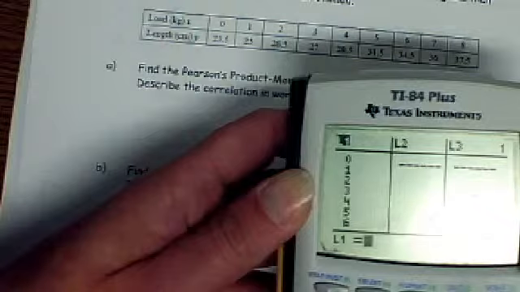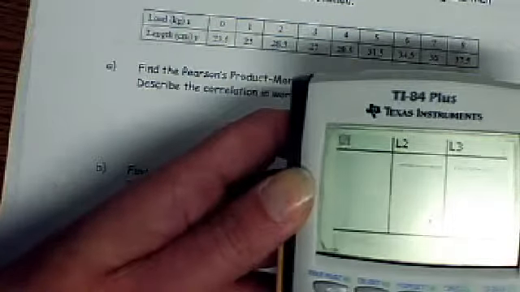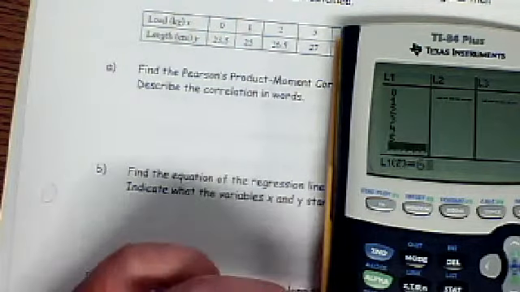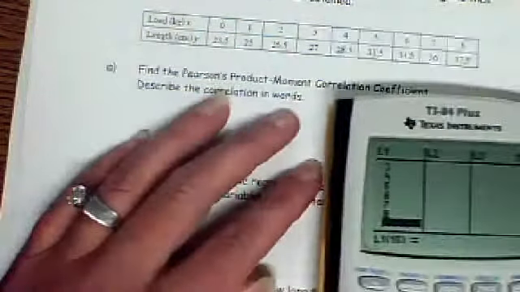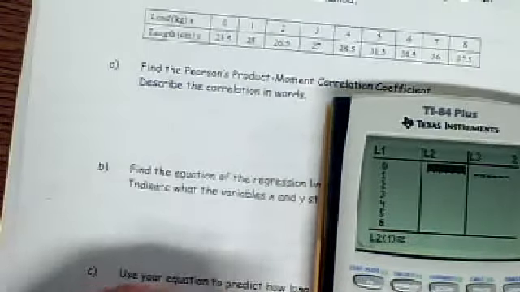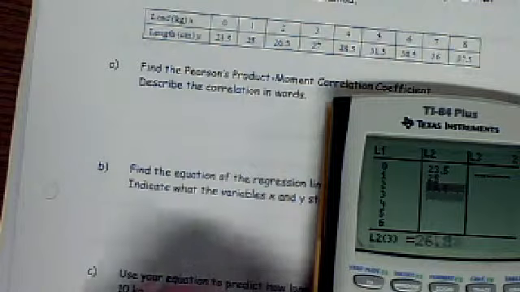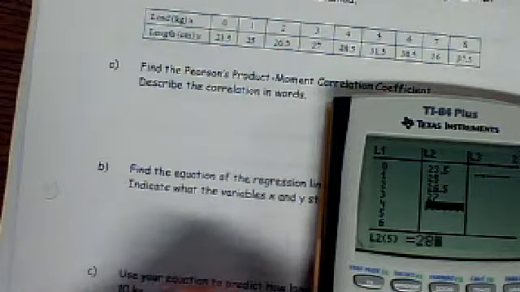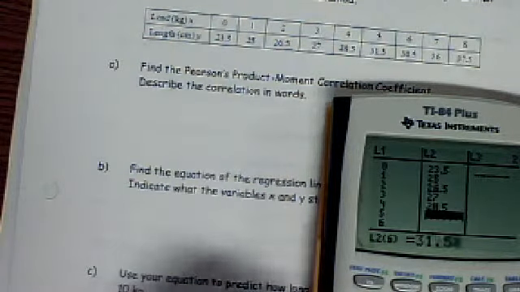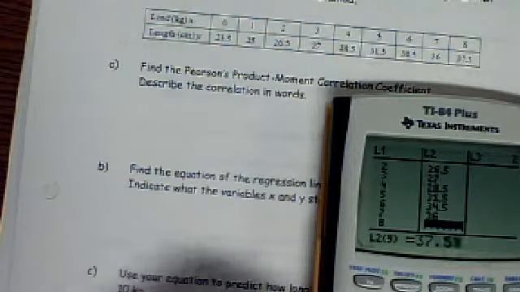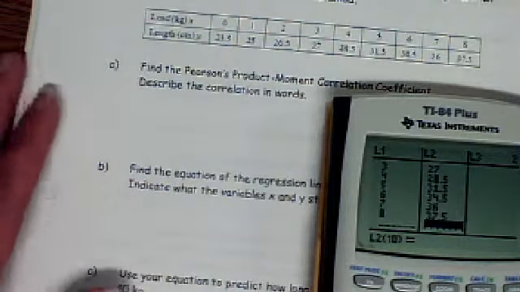So if you already cleared it out like me, you can clear it out, or I'm going to type it back in. Sorry. So we've got that spring and the weight again.